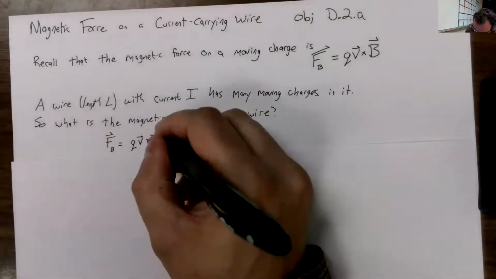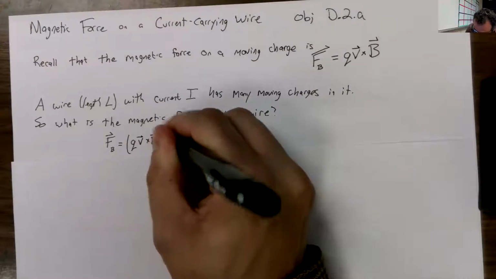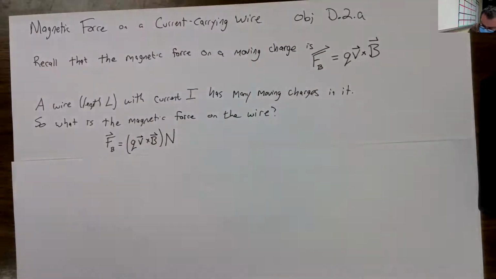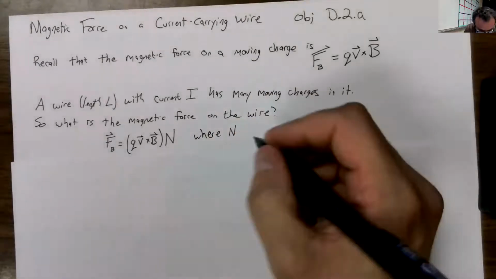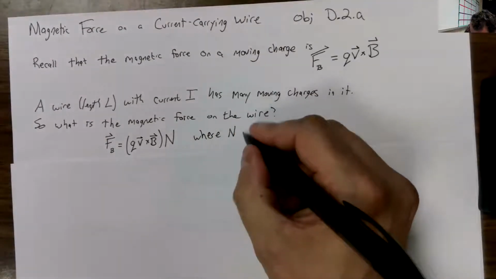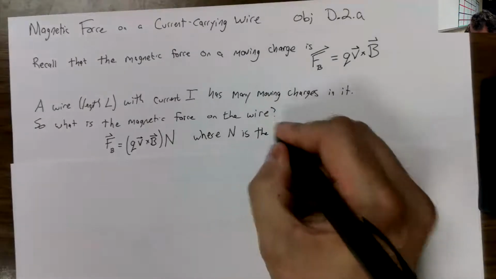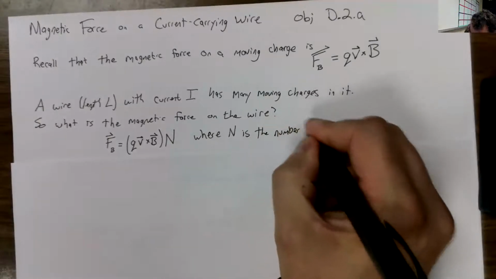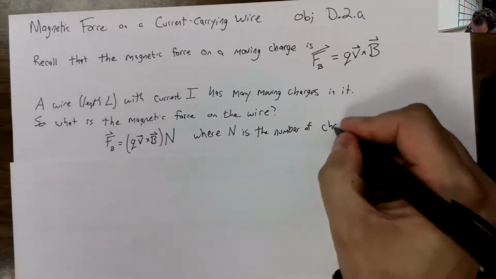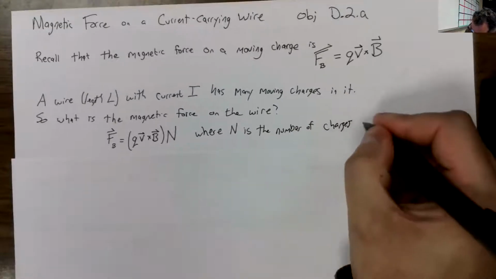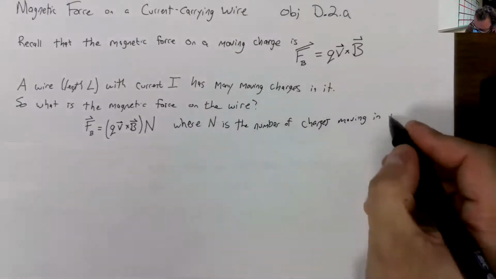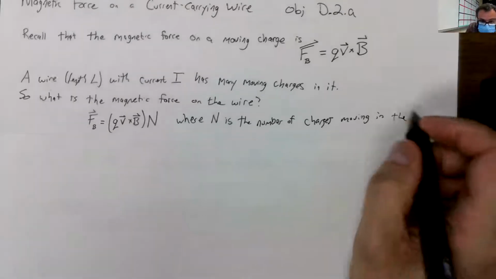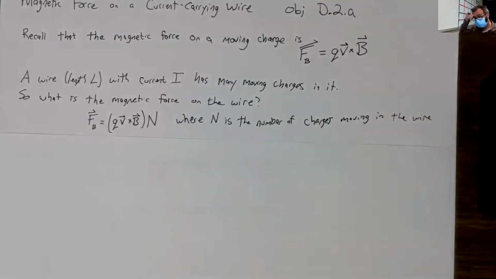So I'm going to give you a new variable, let's call it capital N, where N is just the number of charges moving in the wire.